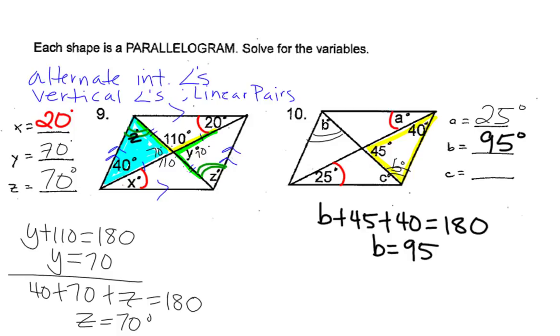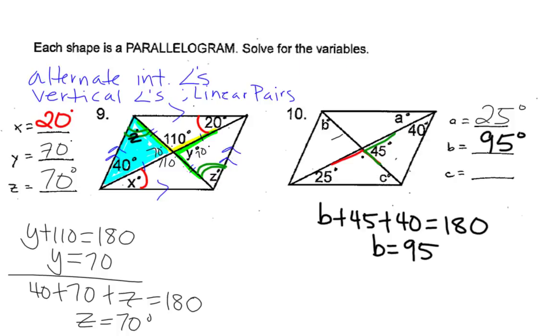So that leaves me with C. So I want to think about how could I find C? I'm going to go and erase some of my markings just so it's a little cleaned up. I could find that angle right there because it is a linear pair with this, which means that 45 plus whatever this angle is right here has to equal 180.